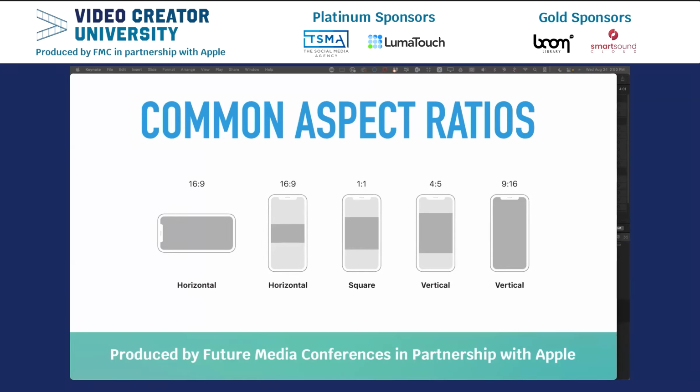Square is going to give you a little bit more real estate, and that sometimes is the safest because it transfers well between phones and tablets and computers. And in some areas, such as Instagram, by default it was always square. Now they've changed it a little bit, but the question is, how do you want to deliver that? 4 by 5, as I indicated, is Facebook.